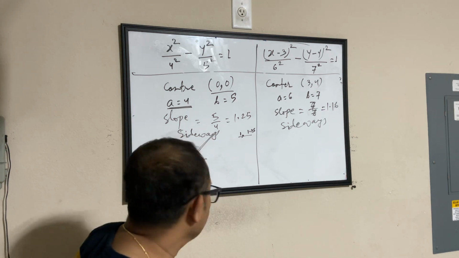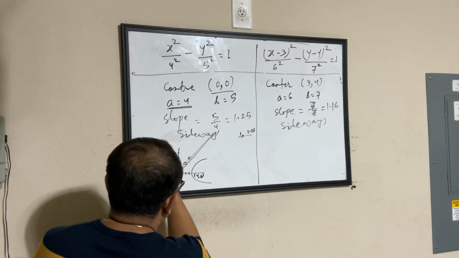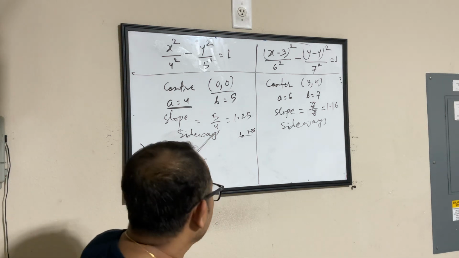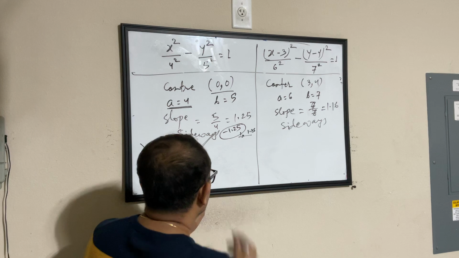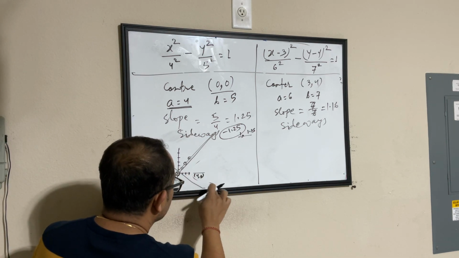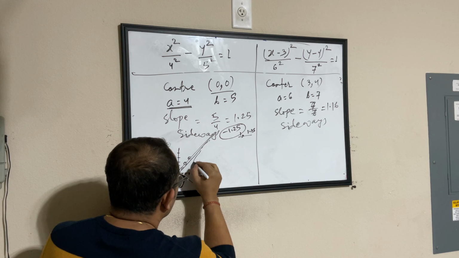Again, don't go by my drawing skills. And the other line will obviously be at 90 degrees to that, and the slope will be minus 1.25, the negative of that, right? I did not do a good job with the drawing of this one. So now I will draw this hyperbola like this.